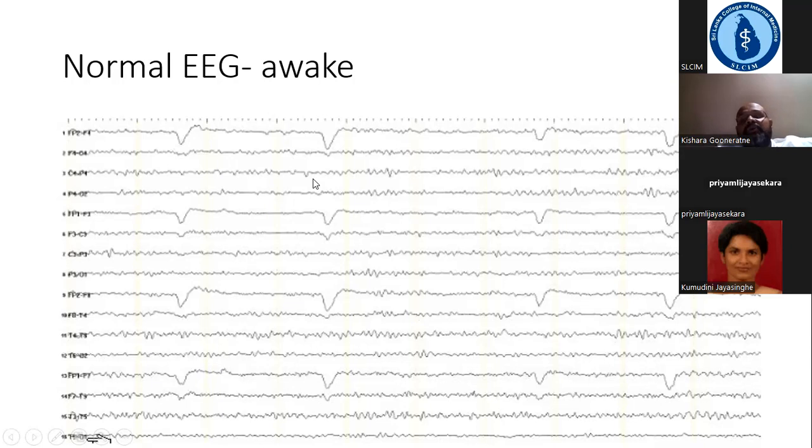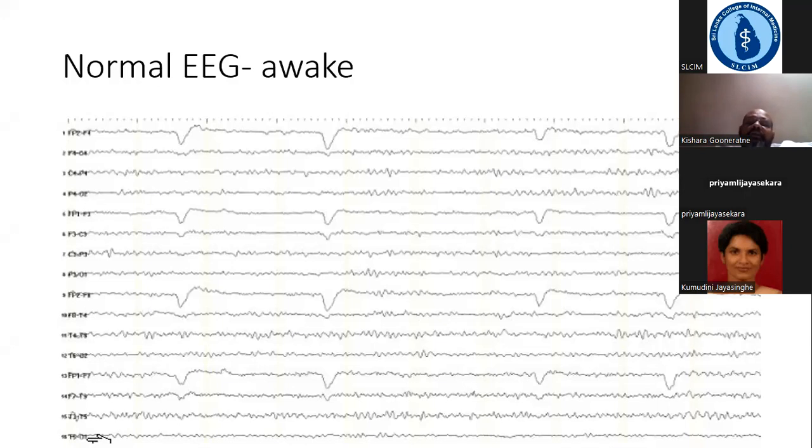So these are what we call eye closure artifacts. This is a patient on whom we also do an activation procedure, where we tell the patient to close the eyes and then open the eyes, close the eyes and open the eyes. We do that because sometimes the alpha activity, which is seen in the posterior leads, on the occipital leads, becomes prominent on eye closure, right?